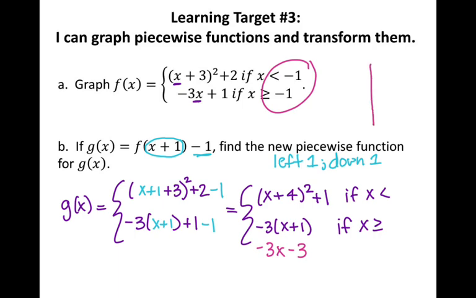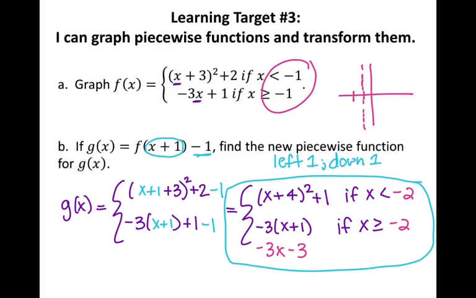So if I look at my graph, at -1 we had our transitional point or that boundary, but now I'm moving it to the left 1 unit. So where is it at now? It's at -2. So now my inequality is going to be -2 instead of -1. And this right here is our final answer. Again, either of these should be fine.